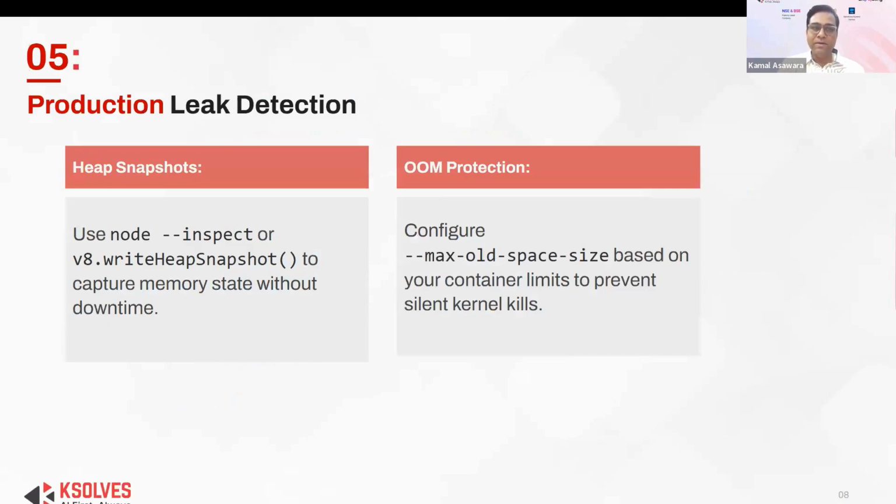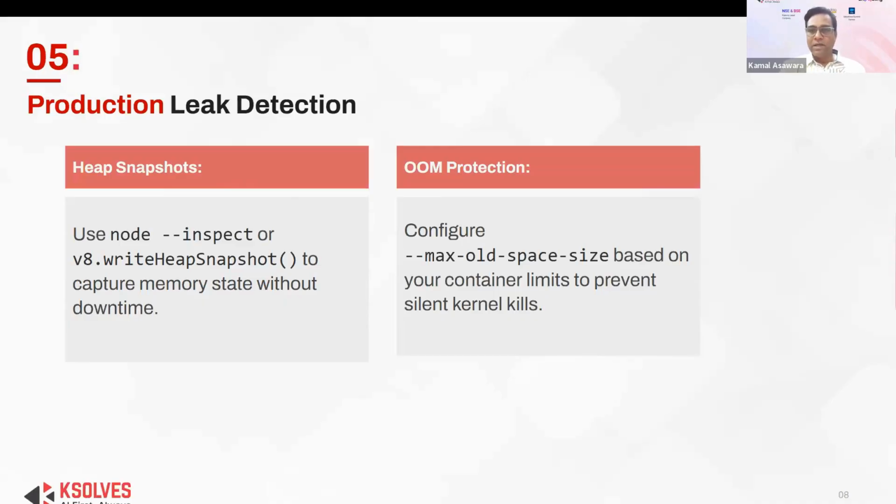Let's move to the next point. Leak detection. Memory leakage is happening, but how do you detect what and where it is happening? There are two methods. Node inspector, but that is not advisable for applications running in production. The second, the V8 engine also provides a method, writeHeapSnapshot, so you should use this.